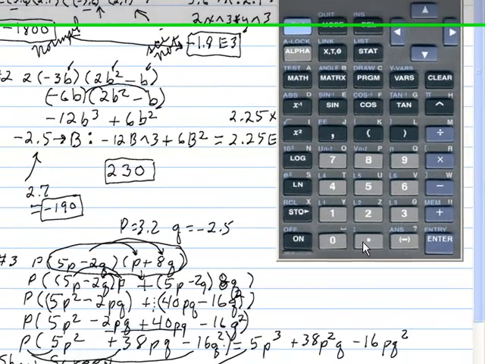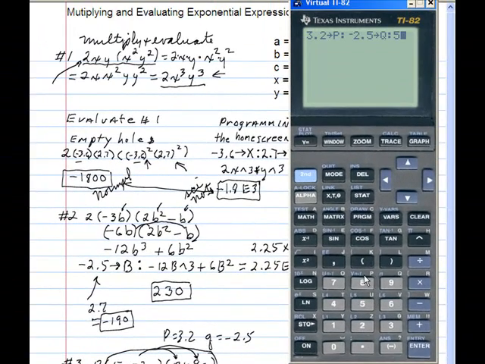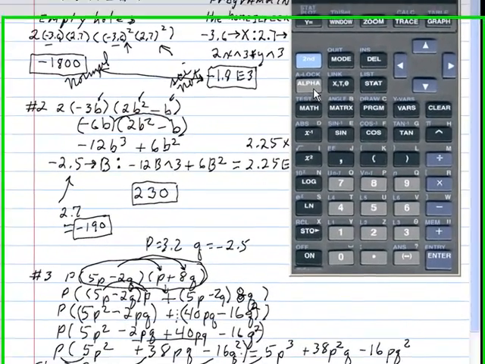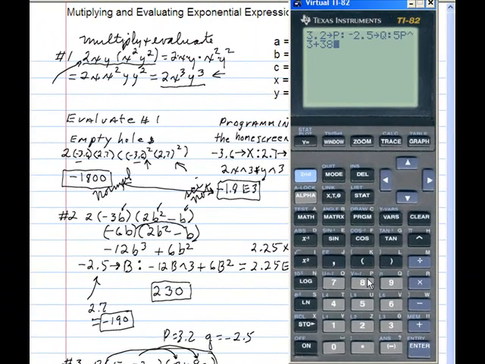That gets me through the part that I've written here, and now all I have to put in is the formula. So I put in 5, and then p was alpha 8, and then that was cubed, so I'll hit to the power 3, and then plus 38 p squared q, 38, p again was alpha 8 squared, and q was alpha 9.